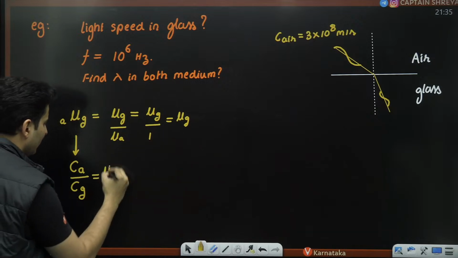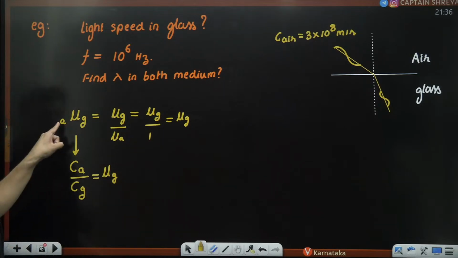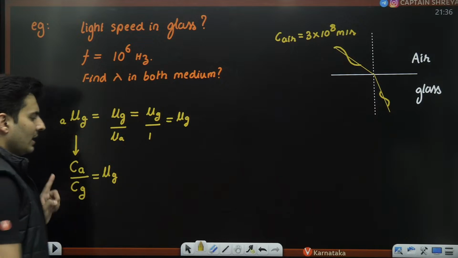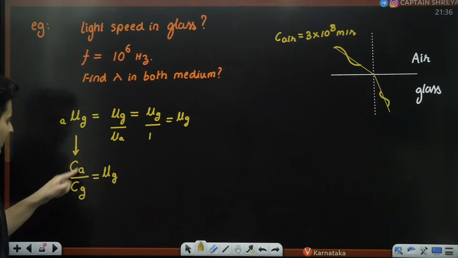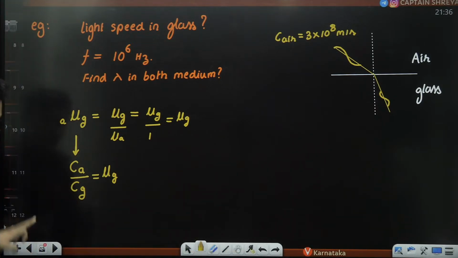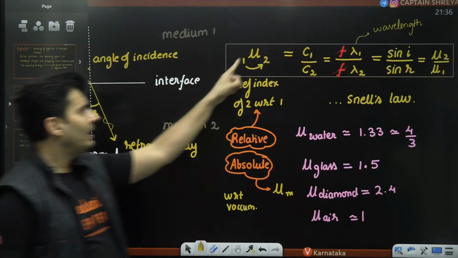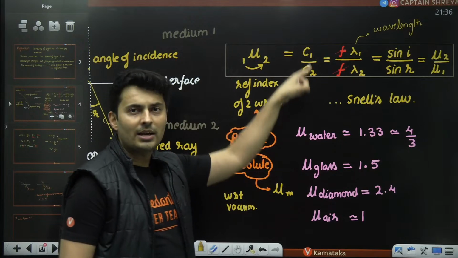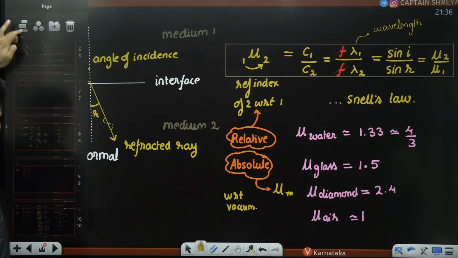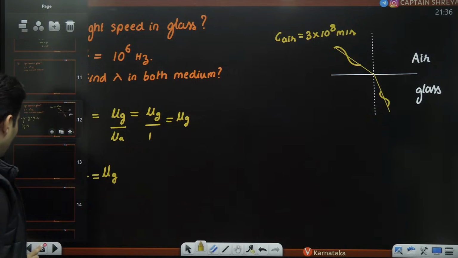So that is equal to mu g. 1 mu 2 is nothing but speed of light in the first medium upon speed of light in the second medium. We wrote this formula right over here. That's exactly what I'm writing down over here.